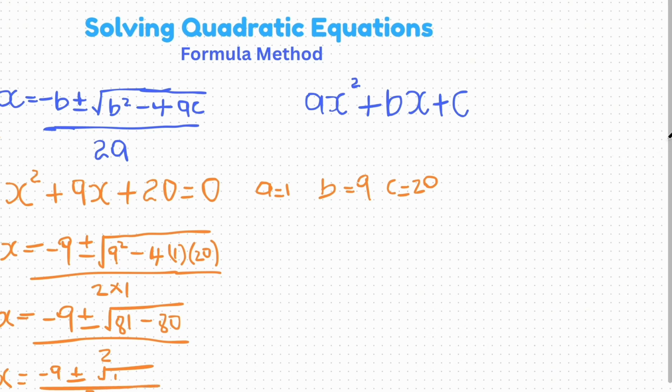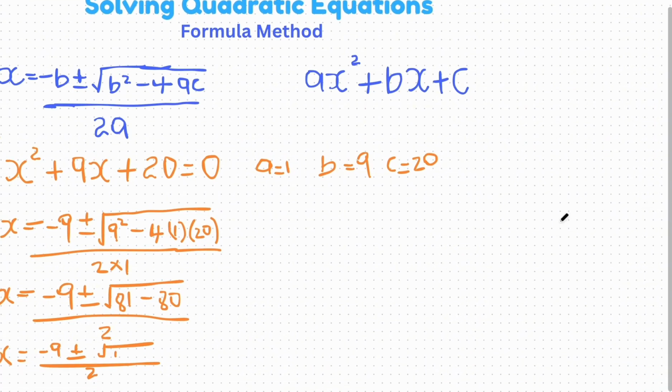Let's pull the screen up a bit. Let's write on the other side. So x is equal to negative 9 plus or minus the square root of 1 is what? 1, divided by 2.